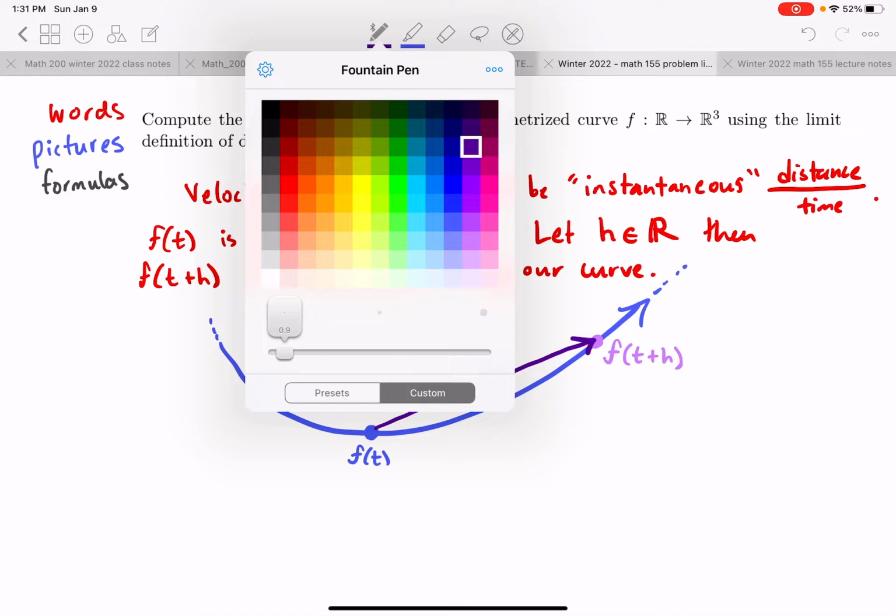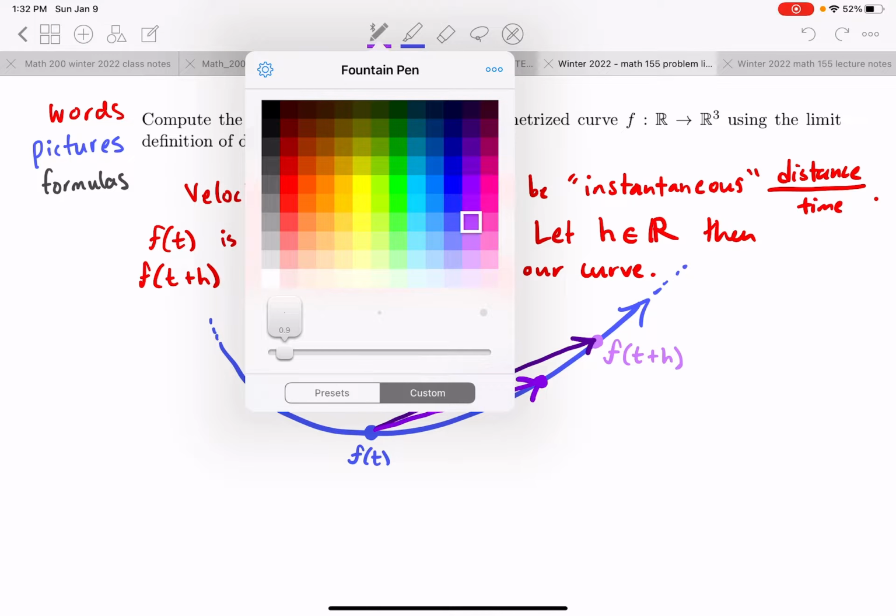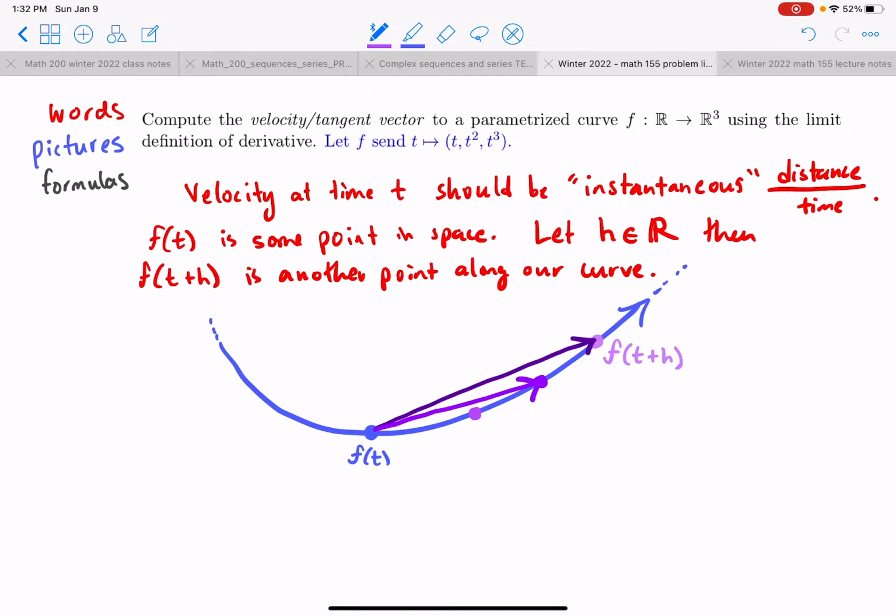And then, if we let h shrink a little bit, we get a different f of t plus h. I'm not going to make up like h2. I'm not even going to clutter my picture with any of that. I'll make a couple more, maybe this one. And so we see as h goes to 0, as we make smaller and smaller h's, we get really small vectors. And as h goes all the way to 0, we're just going to get the 0 vector.